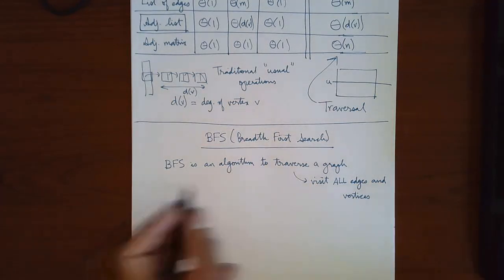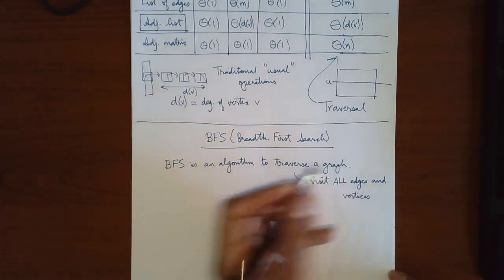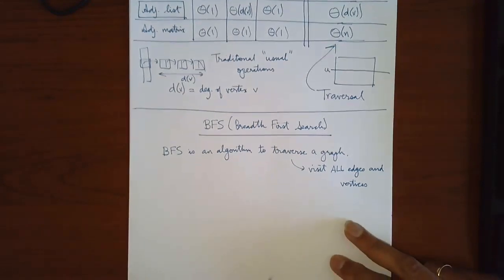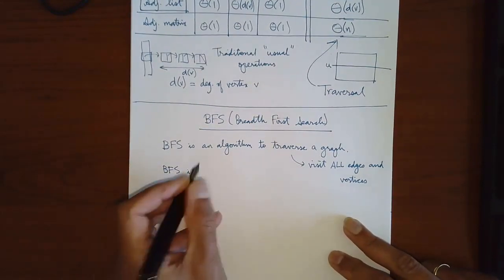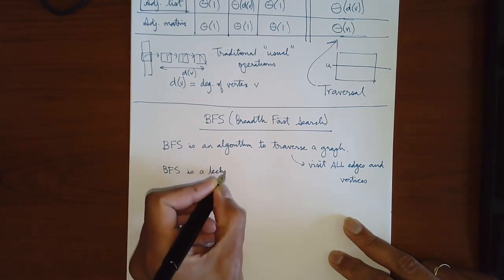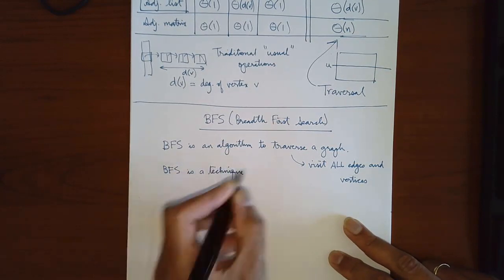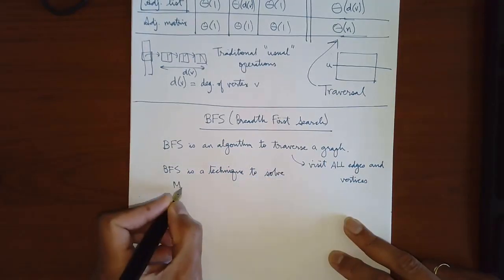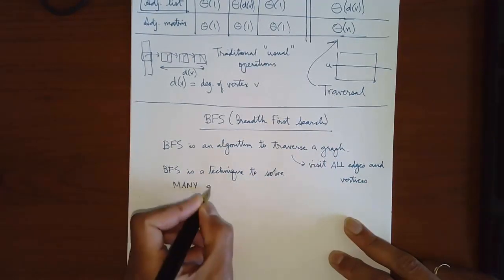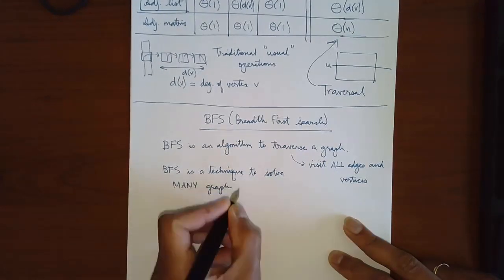But actually, even though it's just an algorithm, BFS more broadly can be thought of as a technique to solve many graph problems. So there are many different graph problems.